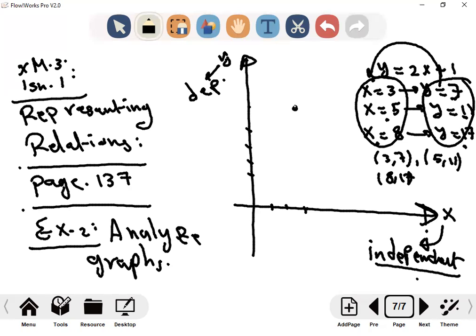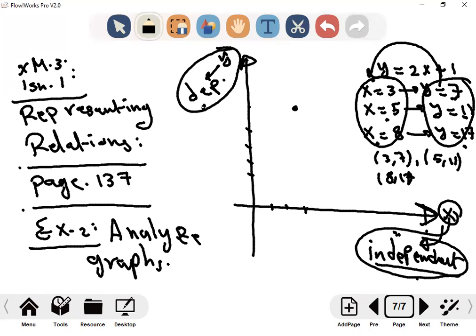Now, forget all of this. Just keep in your mind that the x values are independent, and the y values are dependent, because the values of y always depend on the values of x. It can be another thing depending on the function structure.